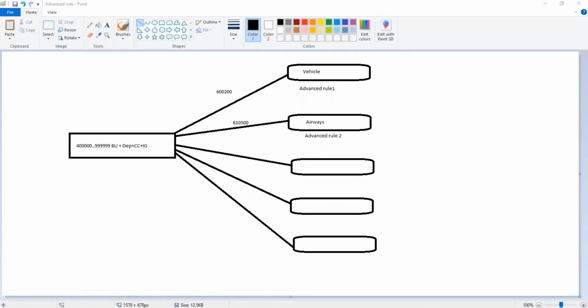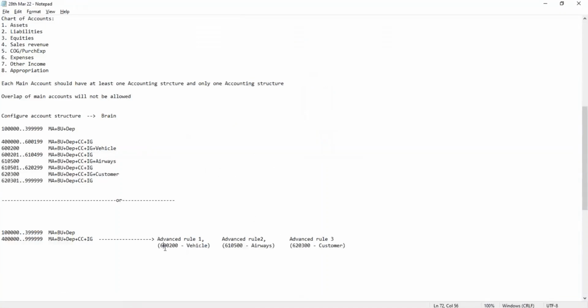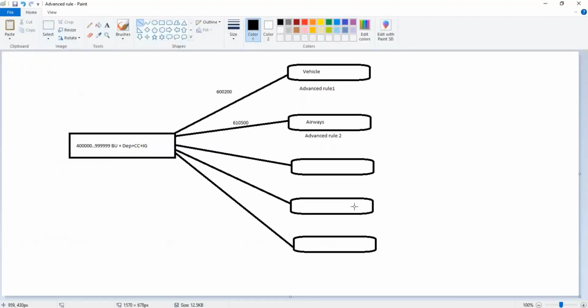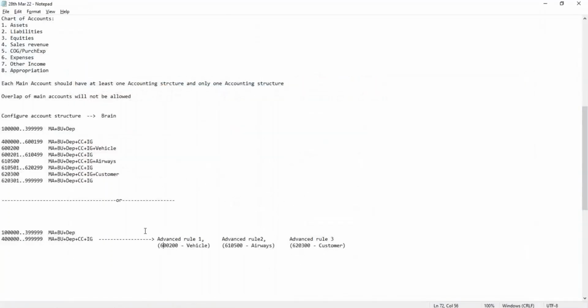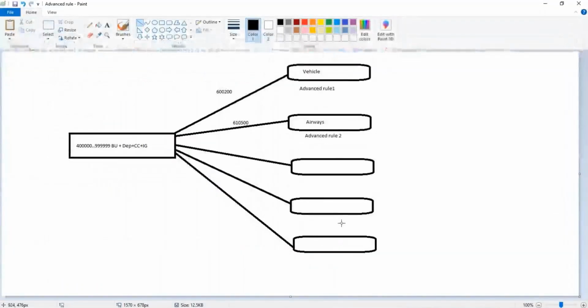Sir, do we have any limitation for these advanced rules, or can we create any number of advanced rules? You can create any number. By using this advanced rule, we are adding one more field, right, sir? If I want to remove a field, because in the ledger we are predefining a few dimensions, is that possible?